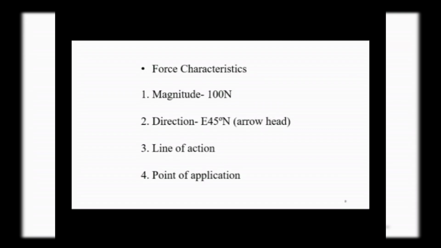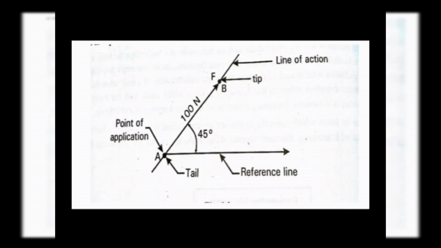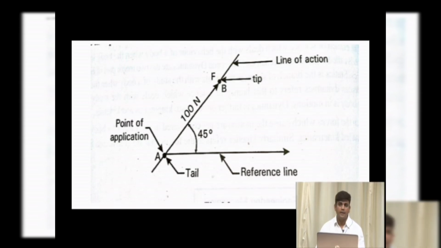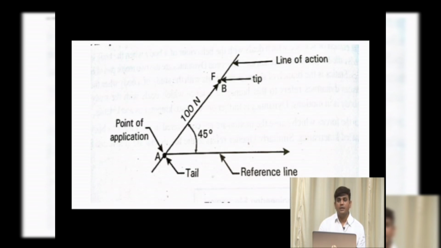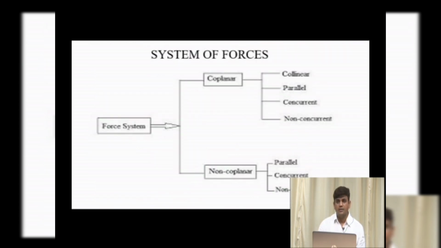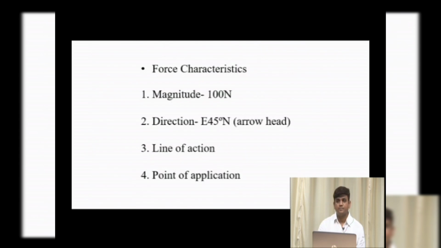Let us learn once again. See here in the diagram, the magnitude of 100 Newton acts with a direction. What is the direction given? East 45 degree north, that is the direction. We can see here four major characteristics: magnitude, direction, line of action, and point of application.